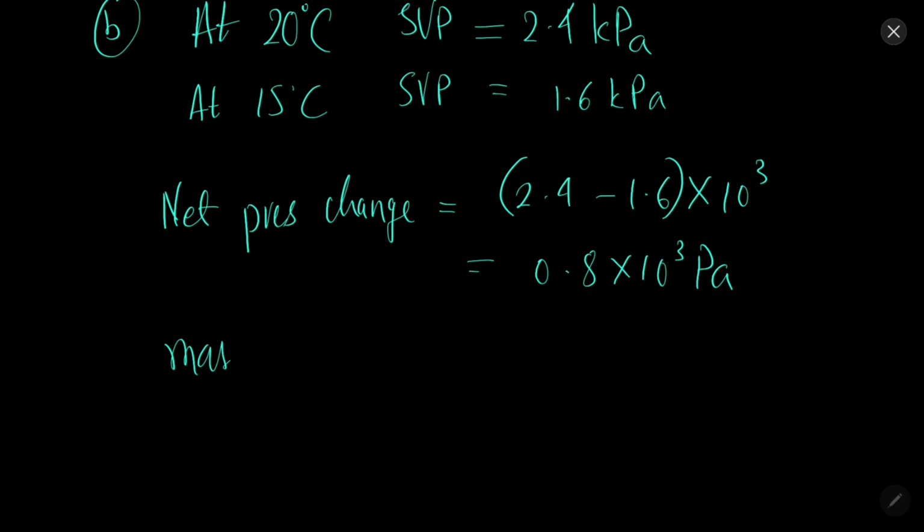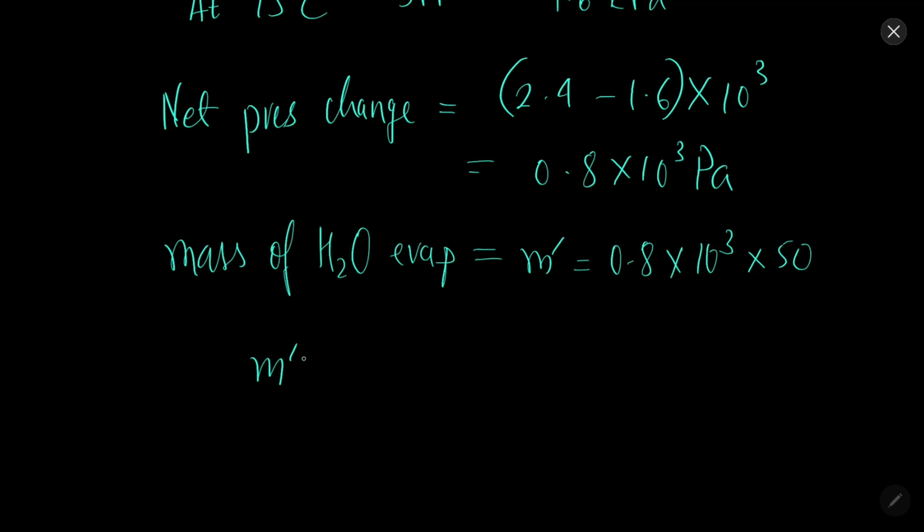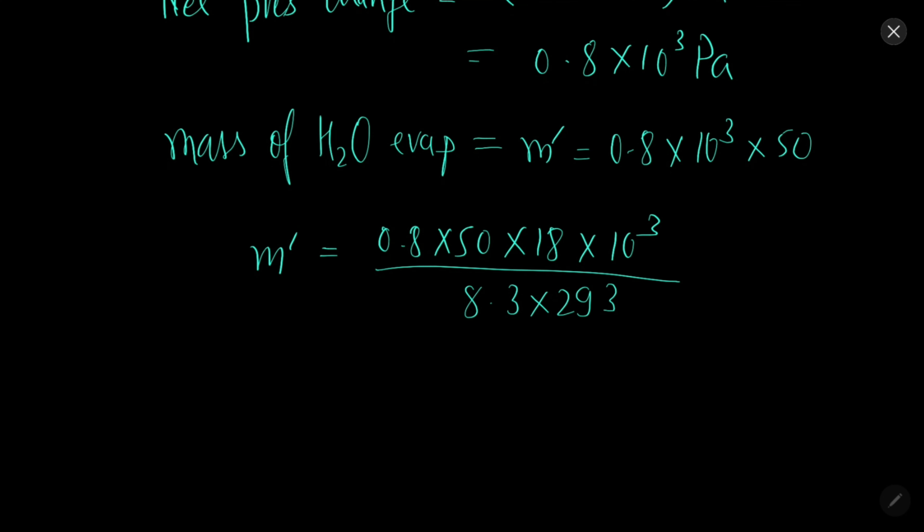And mass of water evaporated, M dash, will be 0.8 into 10 to the power 3 into 50 into 18 over 8.3 into 293. M dash will come out to be 296 grams approximately.